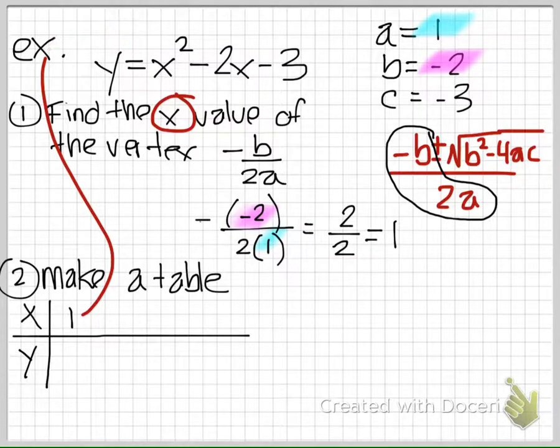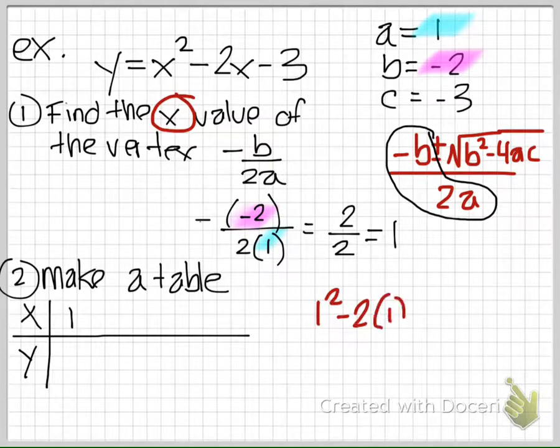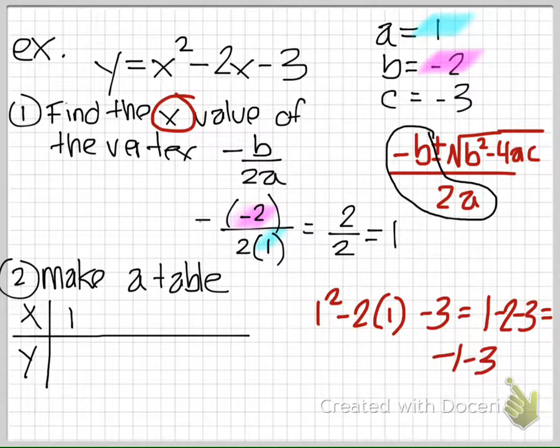Okay? So when I do that, it looks like this. 1 squared minus 2 times 1 minus 3. Well, that's 1 minus 2 minus 3. That's -1 minus 3. Because 1 minus 2 is -1. And then that gives us -4. So the y value when x is 1, y is -4.